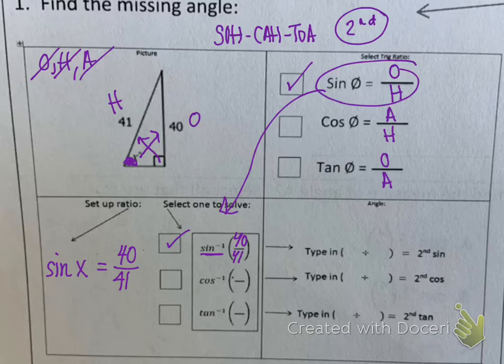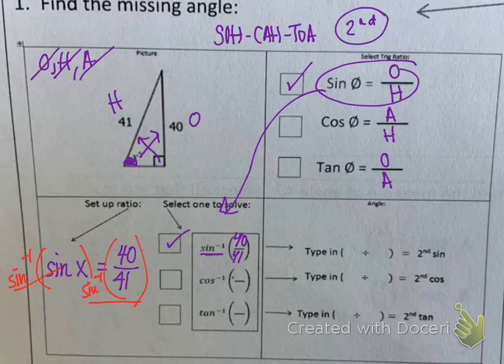Where's the symbol even coming from? If you want to show the mathematical work to actually get x alone, you take the sine inverse of both sides. Whatever you do to one side of the equation, you do to the opposite side. And this is how you technically get x alone. So you're really typing this into the calculator, sine inverse of 40 over 41.